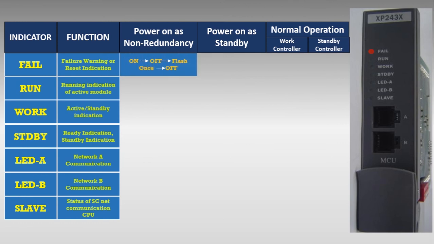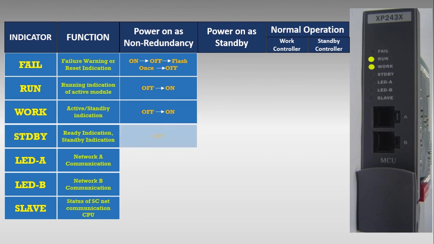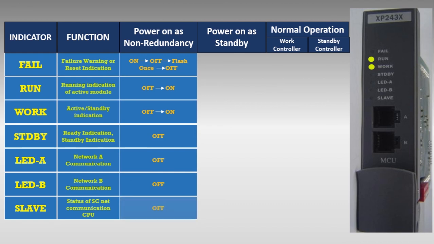When power is on as non-redundancy, the fail indication goes from on to off, then flashes once and then goes off. The run indication goes from off to on. Similarly, the work LED goes from off to on, and all the remaining LEDs remain off.